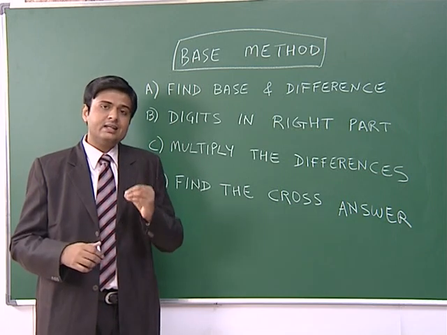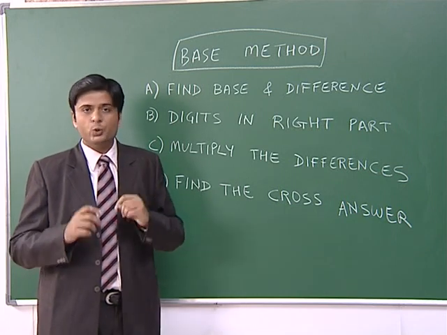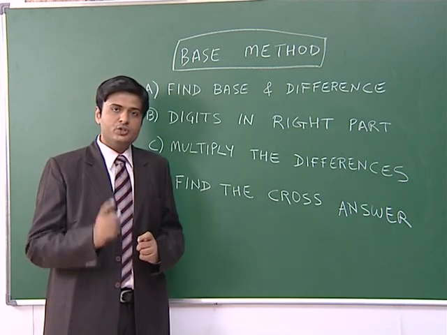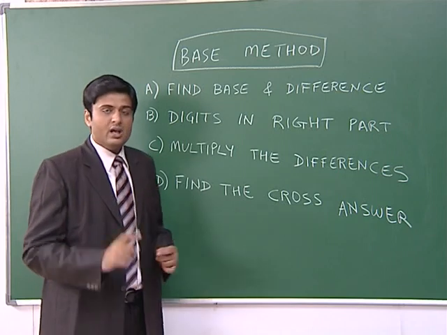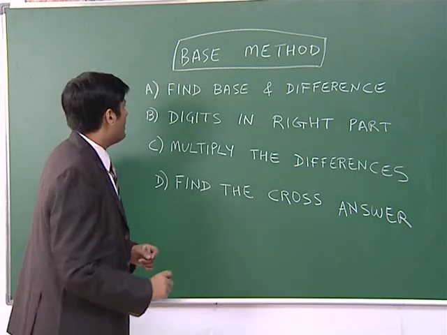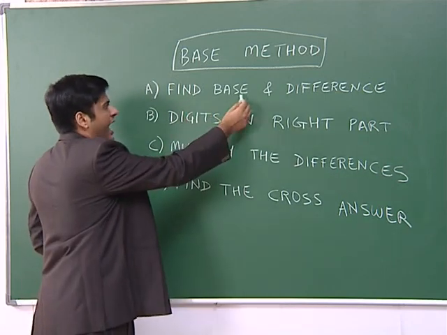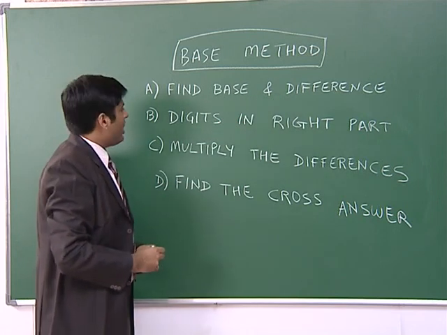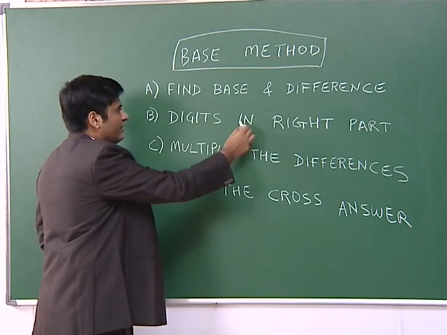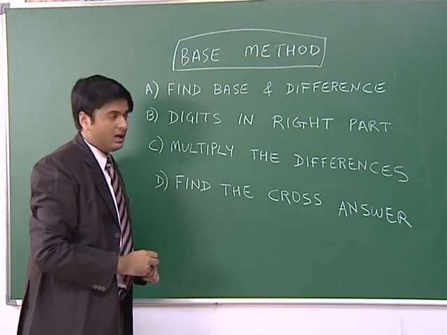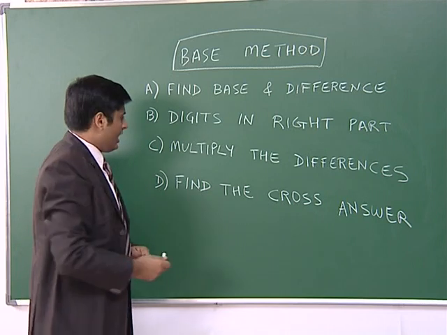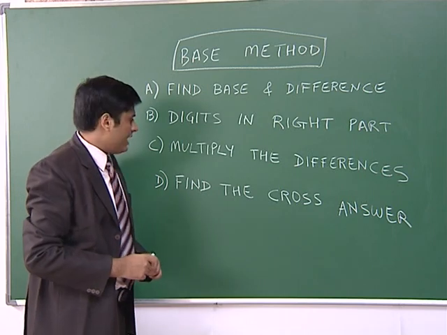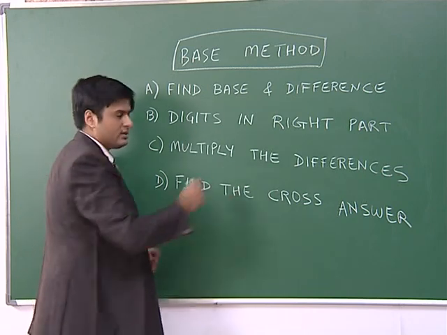When we see examples, the powers of 10 will be clear. But first, let us see what are the 4 steps that are used in the base method. The first step says find the base and the difference. The second step says we have to find out the digits in the right part of the answer. The third step says we have to multiply the differences, and the fourth step says we have to find the cross answer.